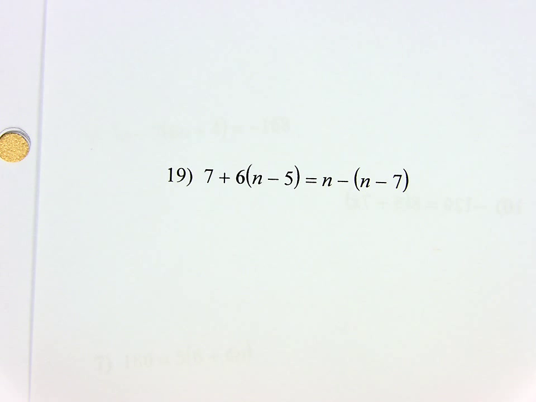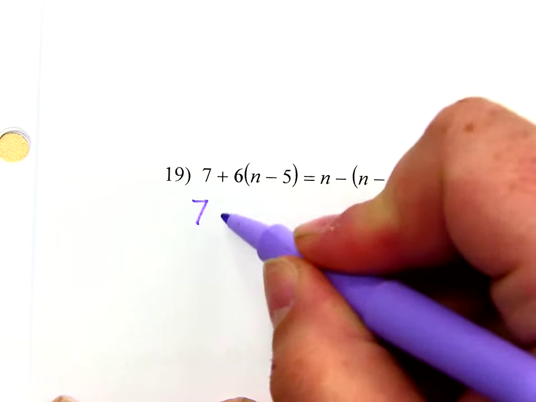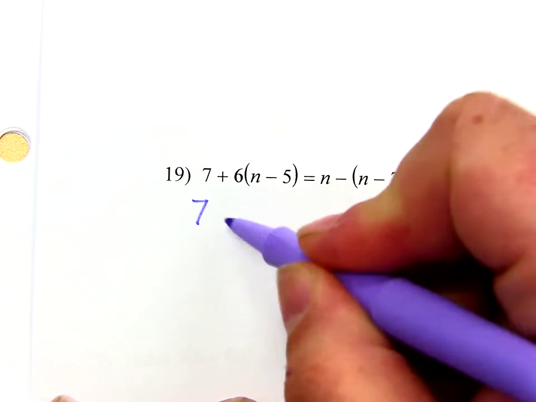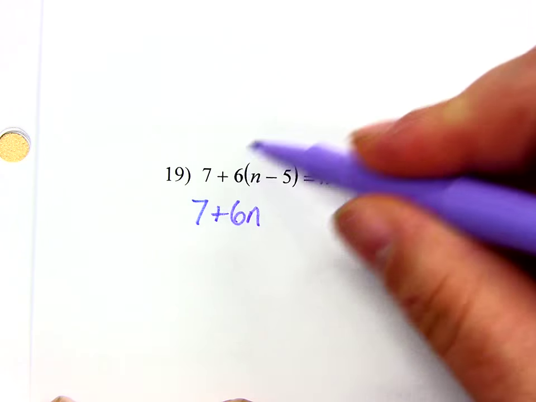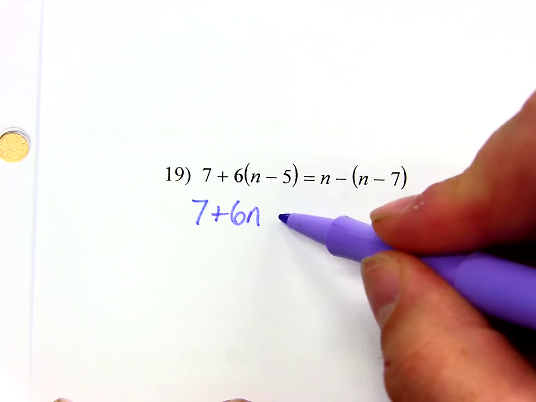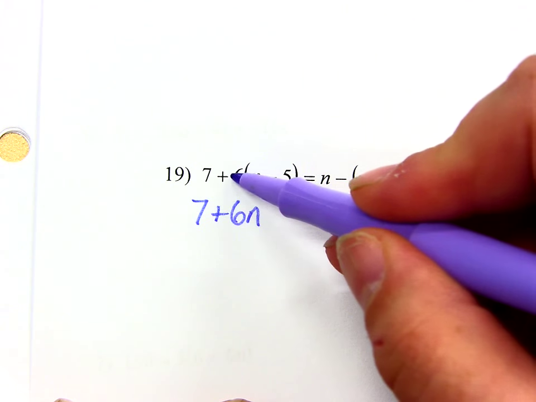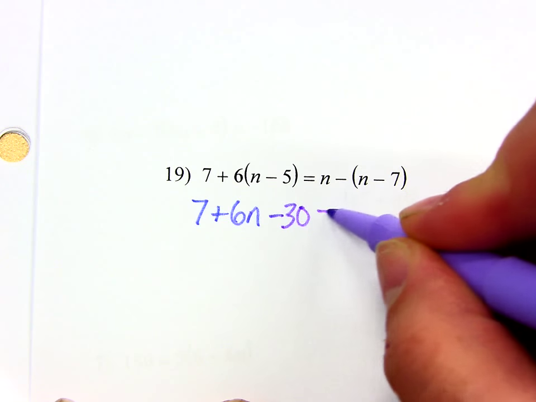You got one on the left and one on the right. So the one on the right is actually pretty straightforward, right? I'd have 7, and it's a positive 6, so I just distribute a positive 6, so plus 6n, and then what? Positive or negative? Negative, because it's a positive 6 times a negative 5, right? So I'd have a minus 30 there.